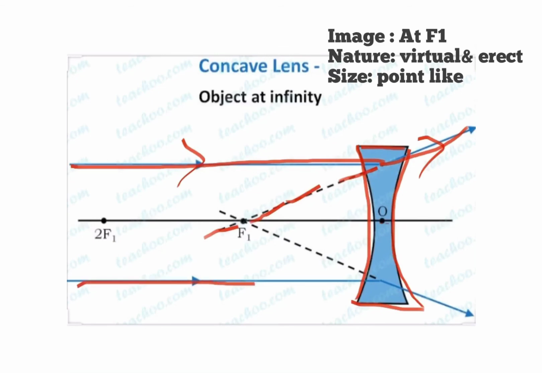Similarly, we'll consider another ray which is parallel to principal axis. It will get refracted like this, and when it is extended backward, it will be meeting here. So here you can see that they both are meeting here. So it is the virtual image of the object which is highly diminished or point-like.